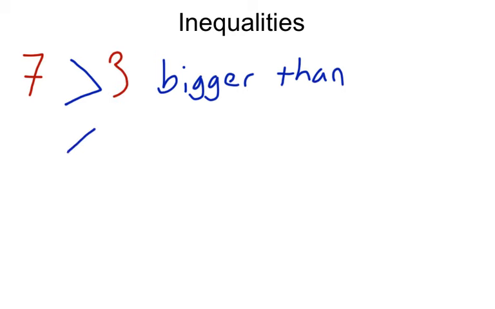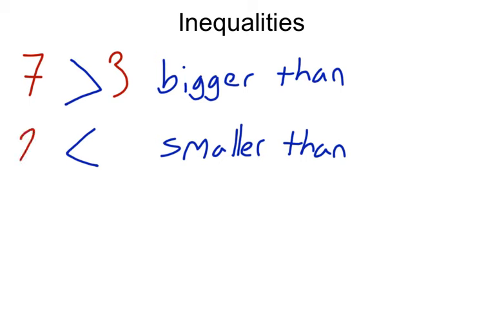The next symbol is this one, which is smaller than or less than, and in this case we might have that 2 is less than 5. Notice that the bigger thing goes next to the open side of the symbol.